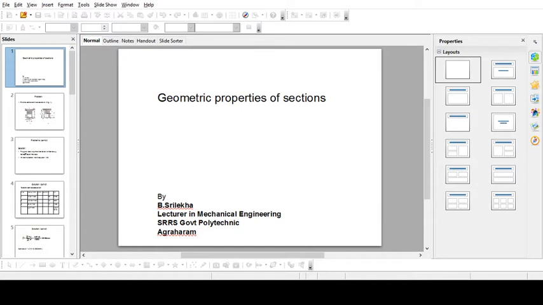So area 1 is half into 80 into 100, that is 4000. Next, the horizontal term: the centroid for a right angle triangle is 2b by 3 and h by 3. So 2b by 3 means 2 into 80 by 3, which is 53.3.